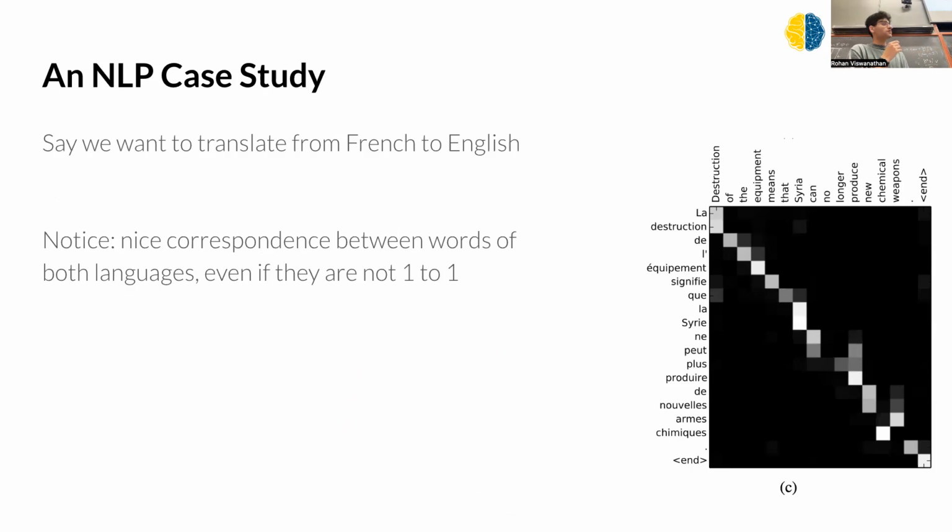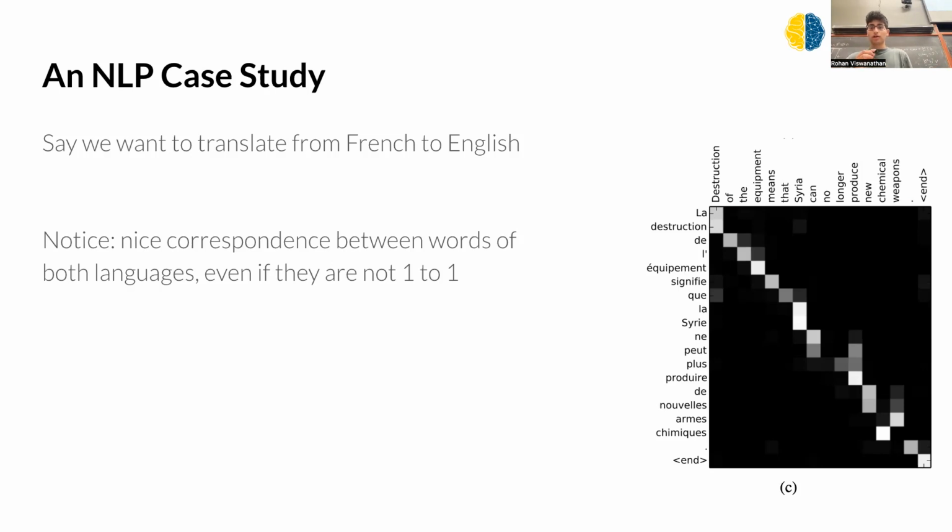We're going to look at a specific example and kind of stick to this, translating from French to English. We can notice in the little correlation matrix in the bottom right that there's a nice correspondence between words of both languages, even if these aren't one-to-one. These are kind of like the similarities between translations. So as you can see, destruction maps to the French word for destruction, de maps to the, and things like that.